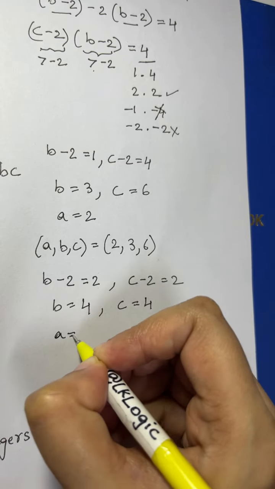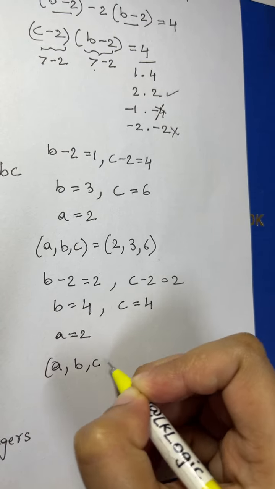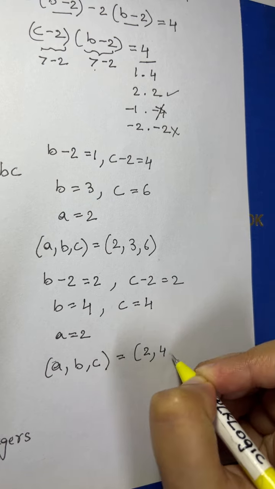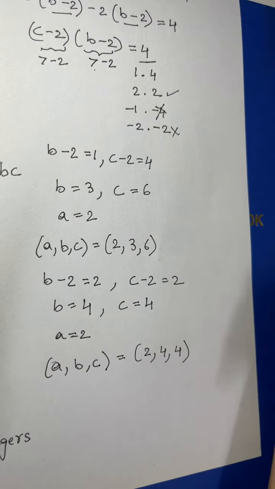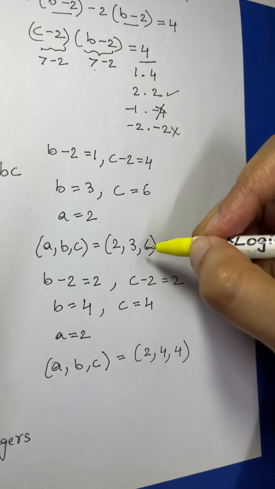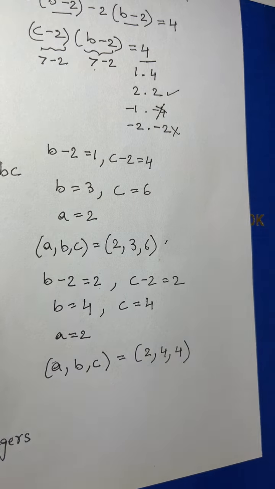And A, as you already know, is equal to 2. So the values for A, B, and C are 2, 4, 4. So these are the 2 values you have got when A is equal to 2: it's 2, 3, 6 and 2, 4, 4.